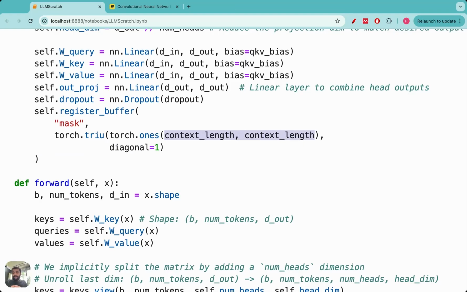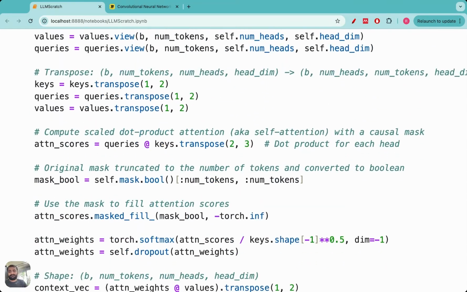Let's say context length is 3. It means that at maximum, if 3 words are given, we can make a prediction of the next word. So we only implement a mask of context length by context length. There is no point in implementing a bigger mask because we are not going to look at more tokens than the context length at a time.